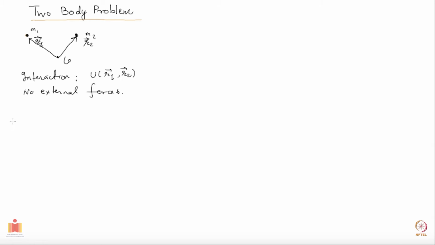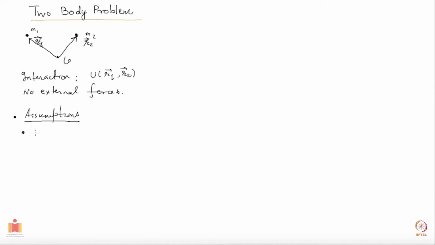But now I want to further assume, which is very reasonable, that the force is such that the potential energy does not change if you take the entire system and move it somewhere else, meaning it cares only about the difference between R2 and R1.